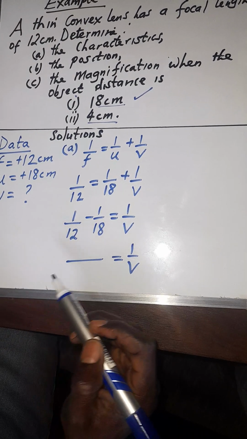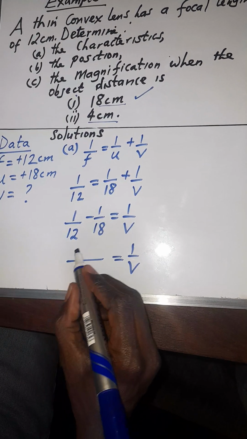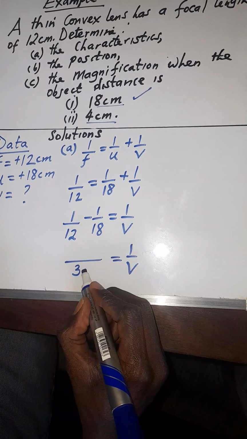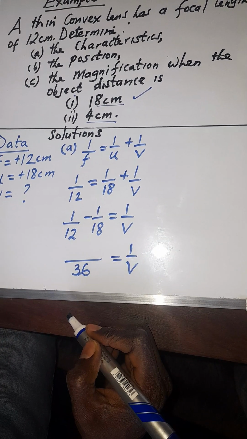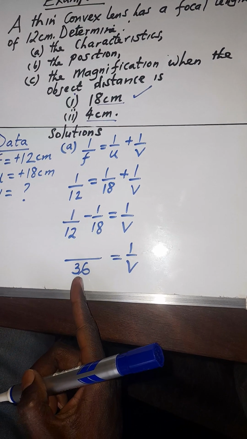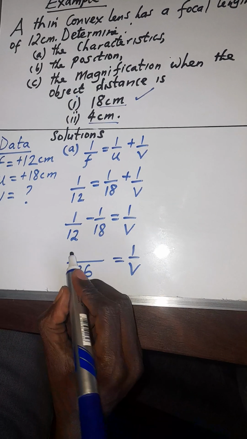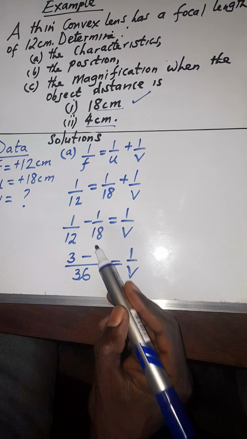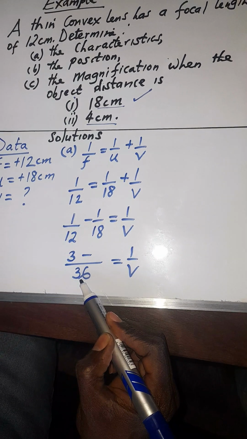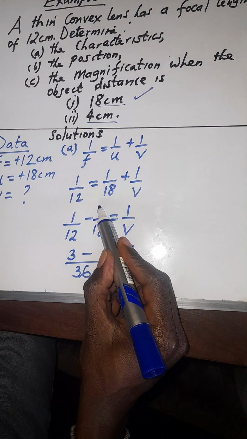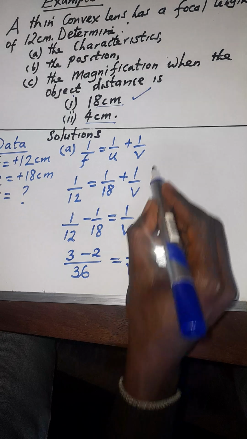The lowest common denominator is 36, because 12 goes into 36 three times, so it will be 3, minus, 18 goes into 36 two times, so 2 multiplied by the one on top gives me a 2.